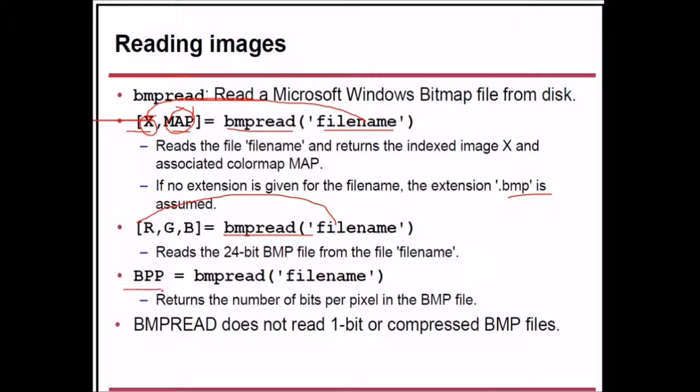If BPP is given instead of RGB or XMAP, it returns the number of bits per pixel in the BMP file. BPP is bits per pixel. BMP read does not read 1-bit or compressed BMP files. This is very important: it only reads uncompressed BMP images.